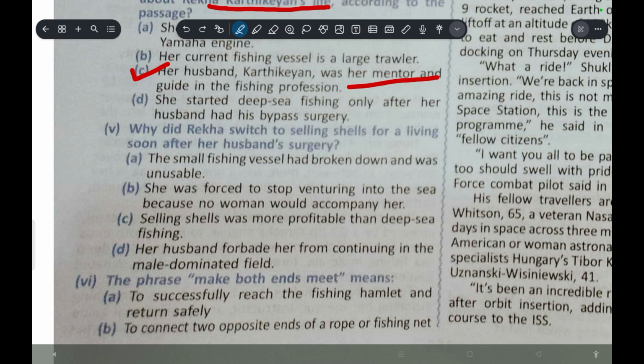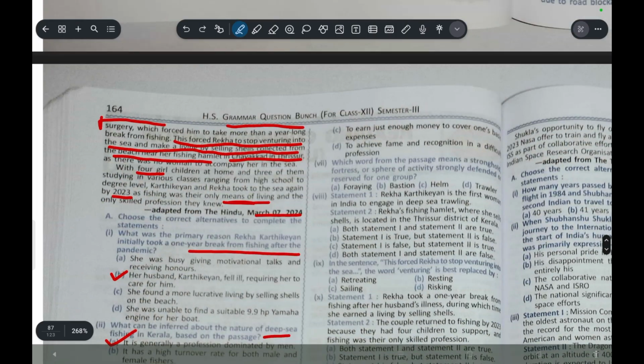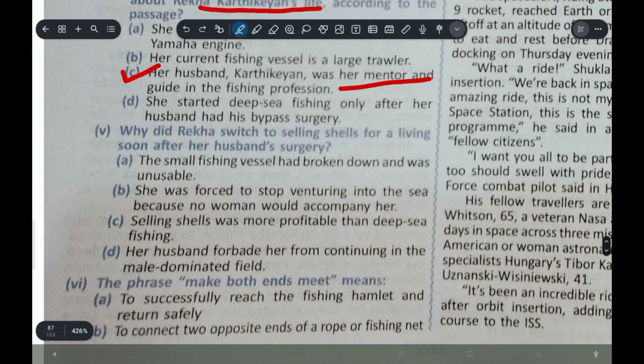Let me check. She was forced to stop venturing into the sea because no woman would accompany her. Yeah, absolutely, it's right. She was forced to stop venturing into the sea because no woman would accompany her.